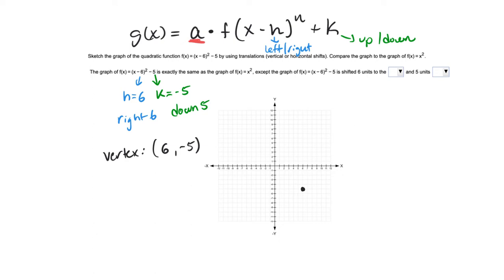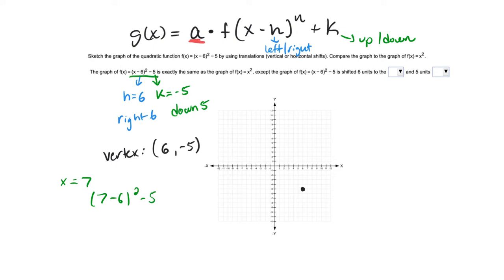But if you can't figure that out, you can always substitute values to the right or left of your vertex. So say you wanted to substitute 7 in, you get 7 minus 6 squared minus 5 when you substitute into the function.